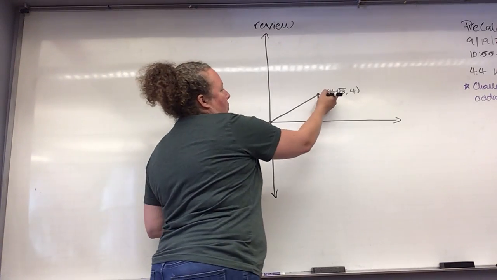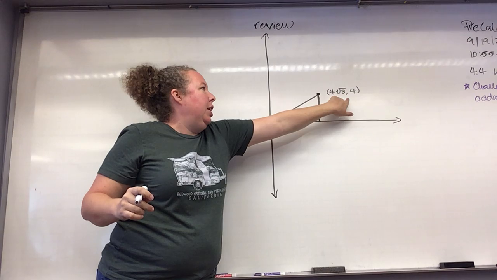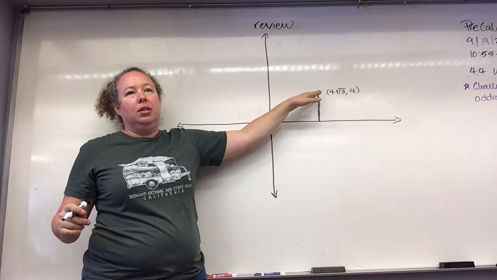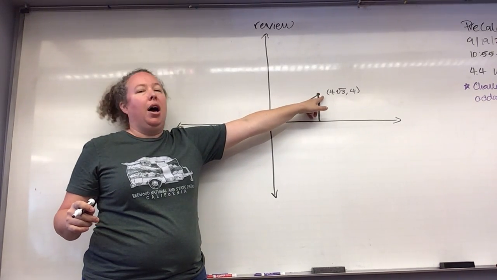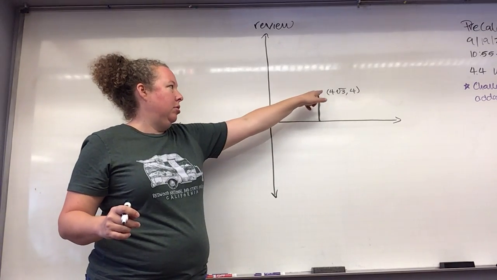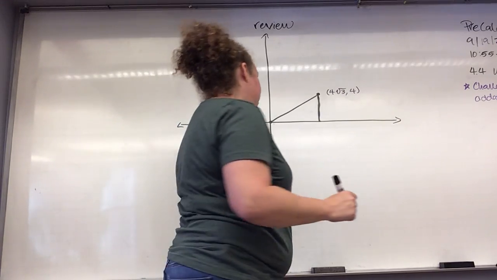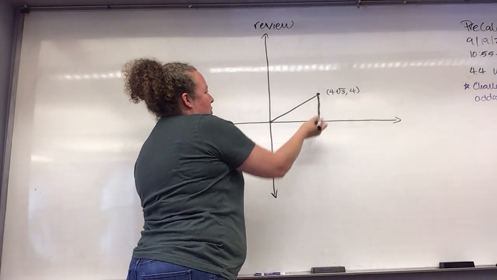What I've started out with here today is also the coordinates of this point that is the terminus of the hypotenuse. Yes, the end. Boop. Yes, the terminus. The end of the line that starts at the origin.